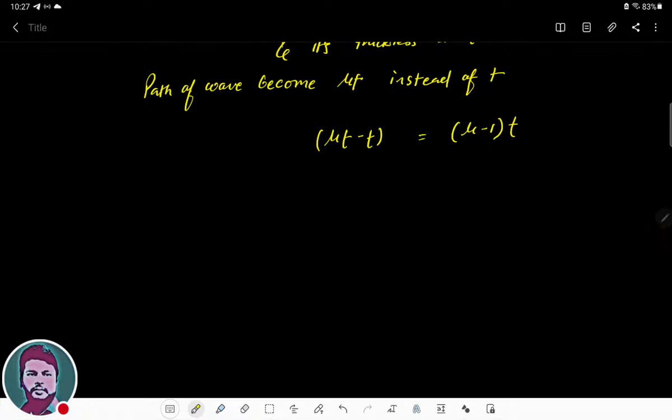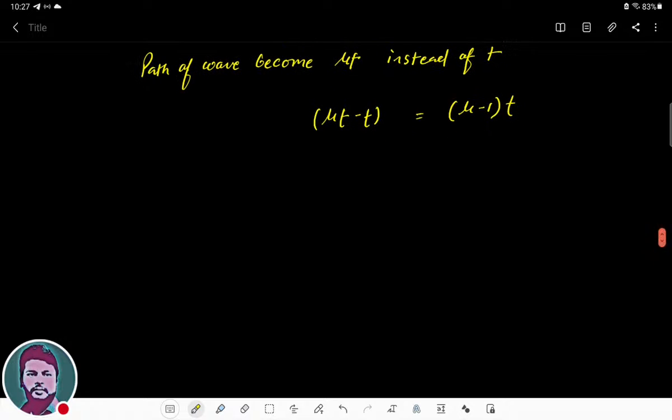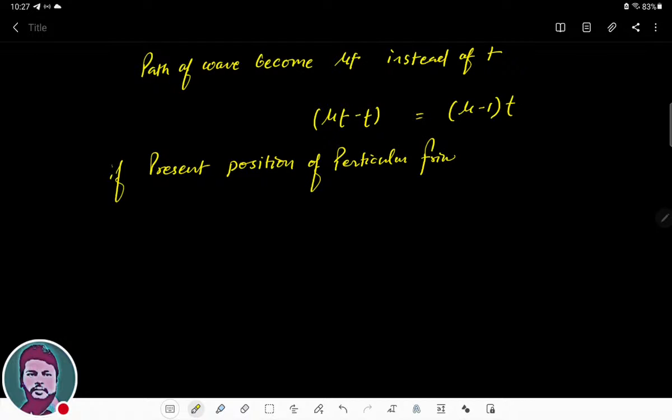All right, so if the present position of a particular fringe is y equal to d over d delta x, what is delta x? The new fringe width.